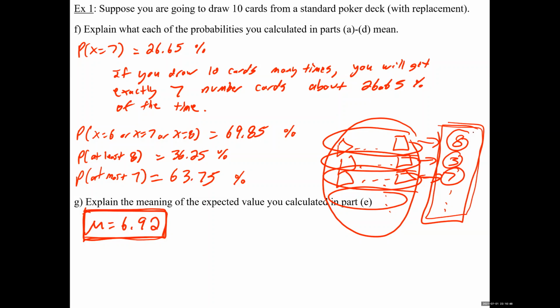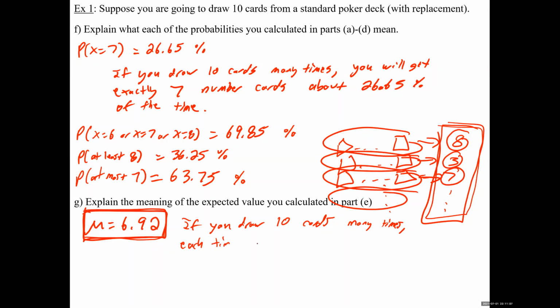Let me go ahead and write down how you're going to write it down. If you draw 10 cards many times, and then each time, so in each group of 10, count how many number cards you got.